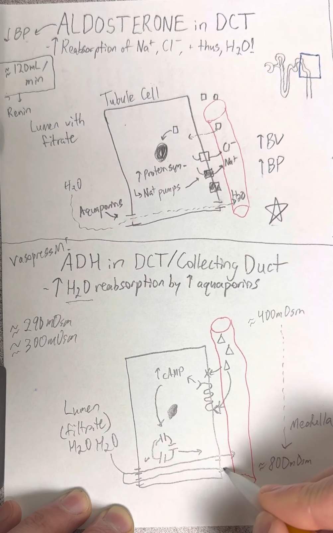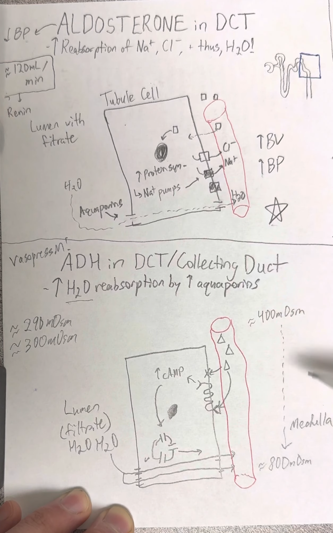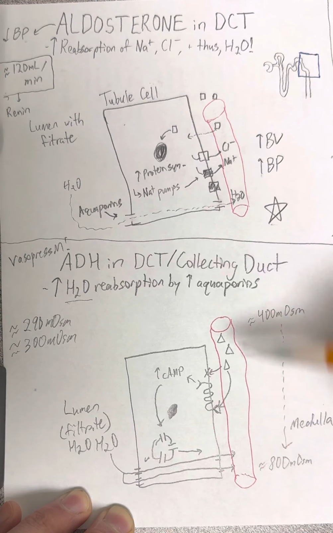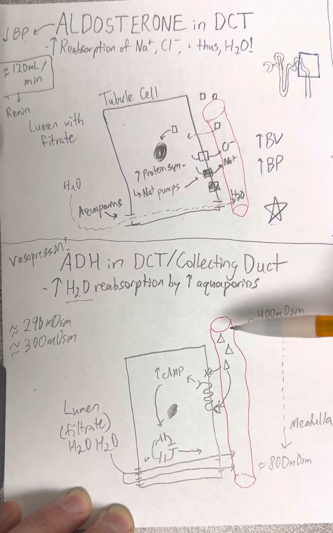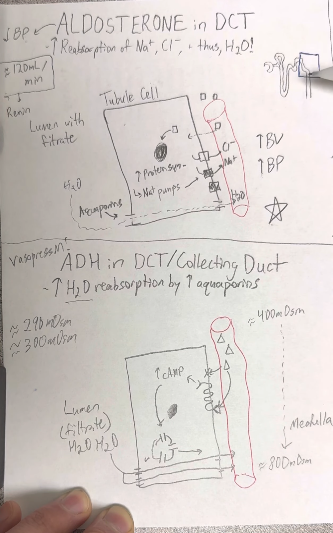Now the question is, why does the water want to move this direction? Well, I drew over here, this is in the collecting duct and also the distal convoluted tubule, but mostly in the collecting duct. As you move down the collecting duct, you can see in the nephron up here, interestingly, the solute concentration in the interstitial fluid will increase.